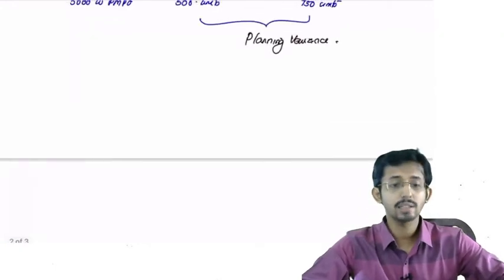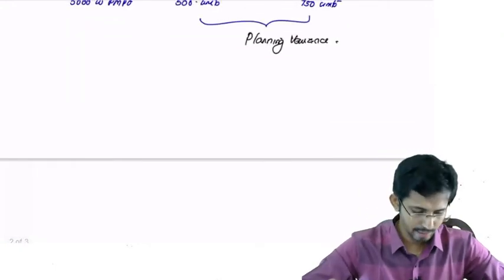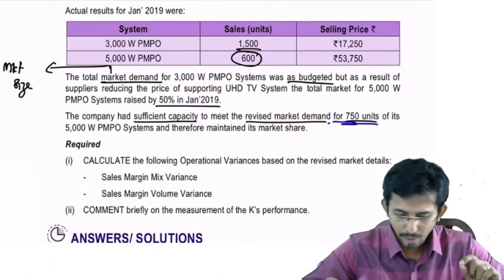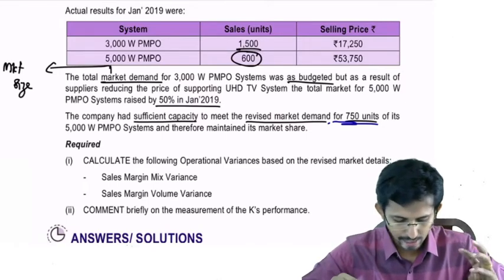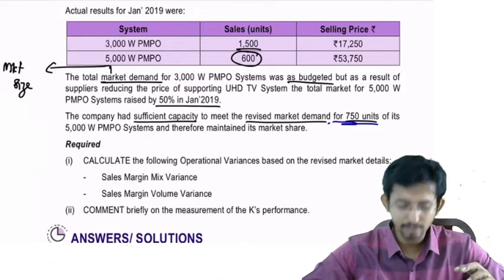Okay, what is the requirement? The first requirement is to calculate the following operational variances based on the revised market details: sales margin mix variance, sales margin volume variance.